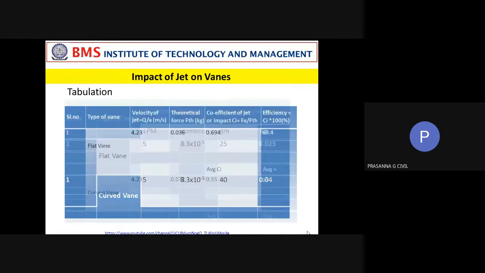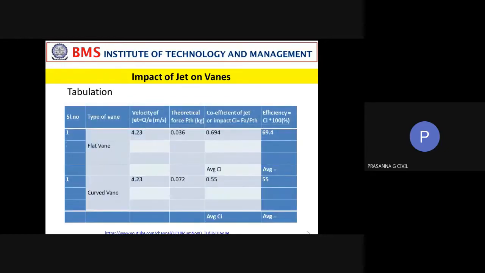From the above readings, the velocity of jet was calculated as Q divided by A, Q being the discharge and A being the area of cross section of the nozzle. The value of velocity obtained for the flat and curved vane is 4.23 meter per second. The theoretical force in each case was calculated with the formula given in the previous slide as 0.036 kg for the flat vane and 0.072 for the curved vane.